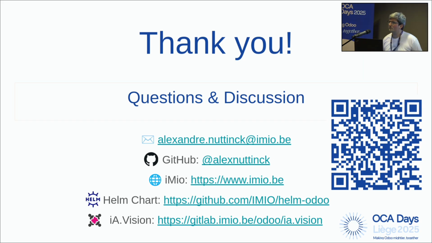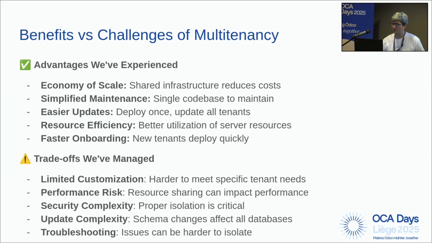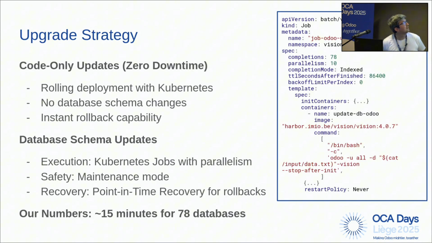And another quick question: can you show again the job that does the upgrades? Yes, of course. How do you tell the job which database to upgrade so they run in parallel? There's the init container, which is not shown because I'm missing some space on the slide.